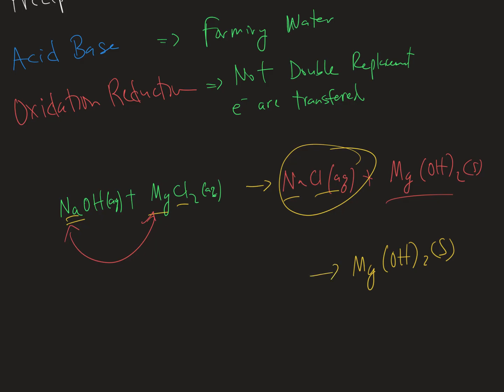And how do we get it? From magnesium and hydroxide. It's not balanced, so we put a 2 right there. Good? So this is called our net ionic equation.